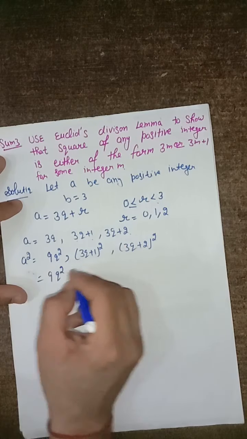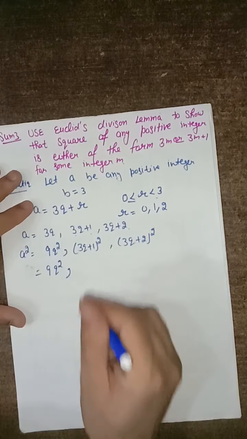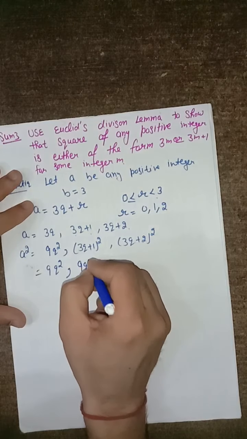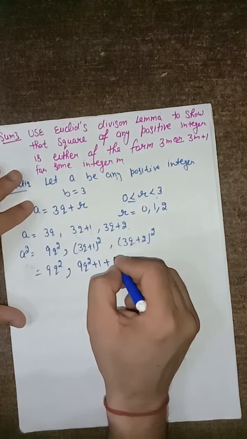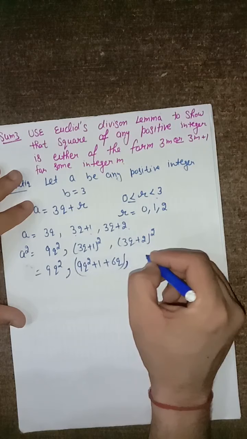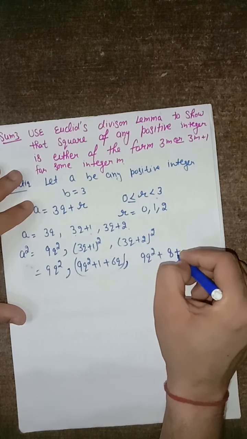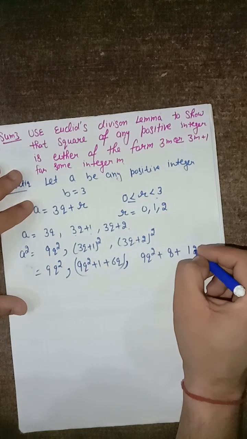This is 9q square, and here we apply the identity a plus b whole square. This will become 9q square plus 1 plus 6q, and this will become 9q square plus 8 plus 12q.